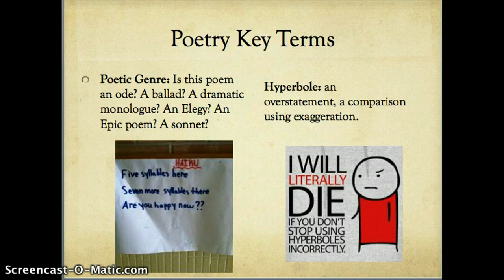Most lyric poems are spoken by one single speaker, and they convey that speaker's personal emotions or feelings at the moment, and they usually use the present tense. So that's most of the examples that we're going to do.